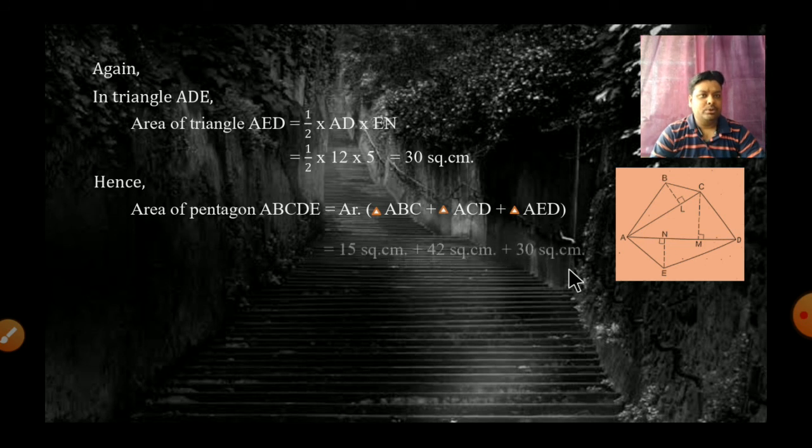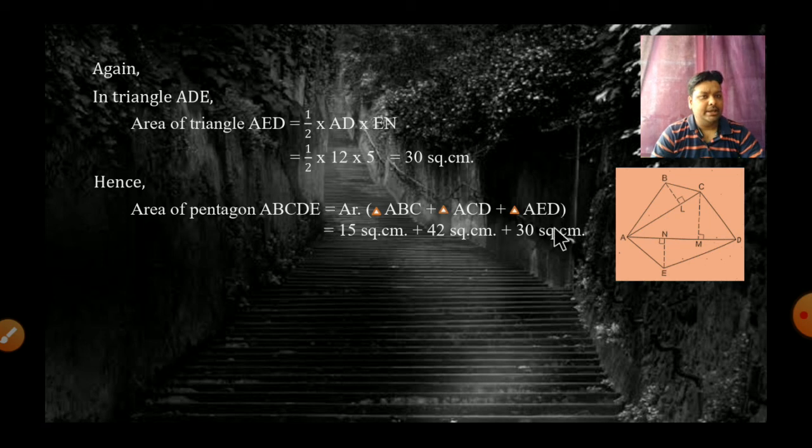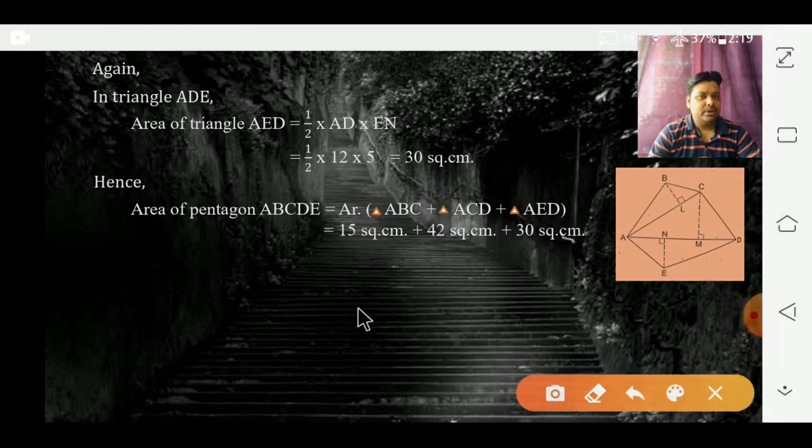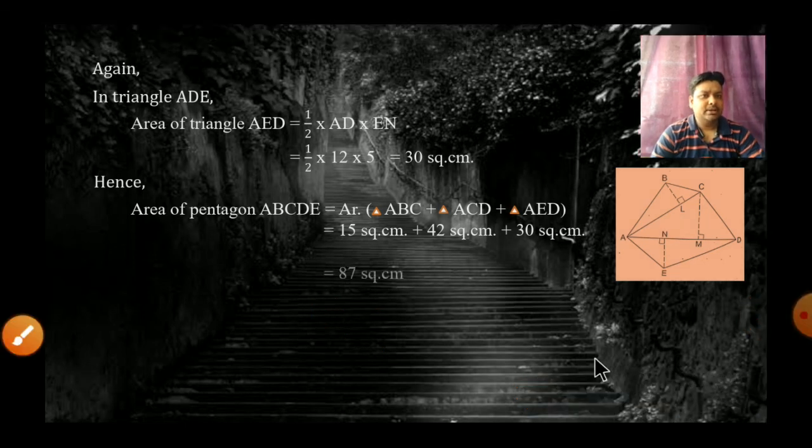Put the values: 15 square centimeter is the area of triangle ABC, 42 square centimeter is the area of triangle ACD and 30 square centimeter is the area of triangle AED. Add it: 5 plus 2 is 7, plus 0, save 7; 1, 4, 5, 8, 87. So we can say that 87 square centimeter is the area of this pentagon.